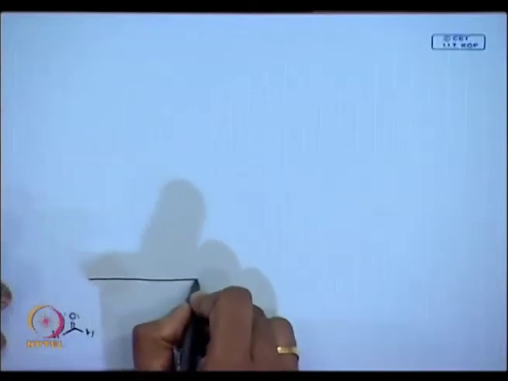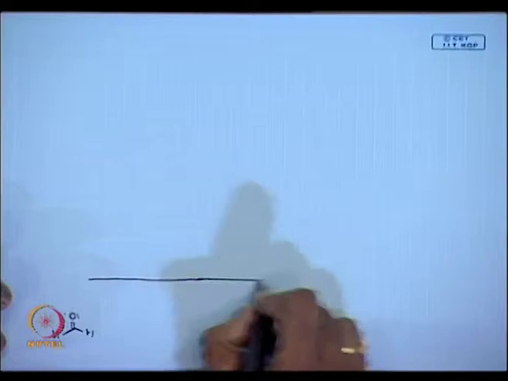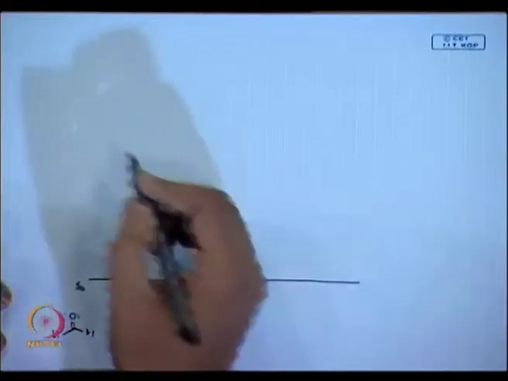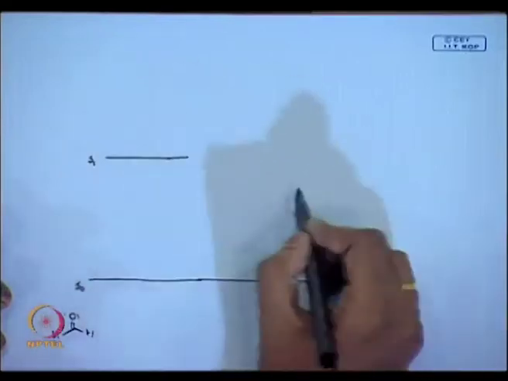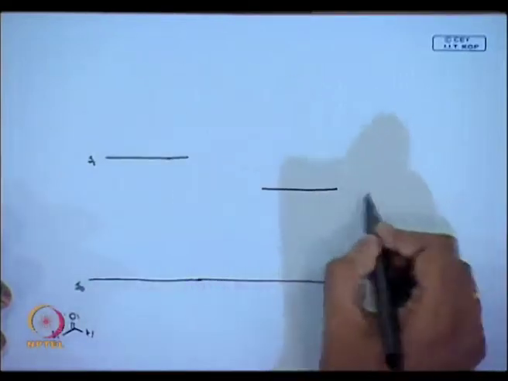Now, we will take formaldehyde and see the n pi star transition. We will try to put together all the information we understood now. So, if I take my formaldehyde molecule and shine light with minimum energy, I can write my S0, my S1, my T1.